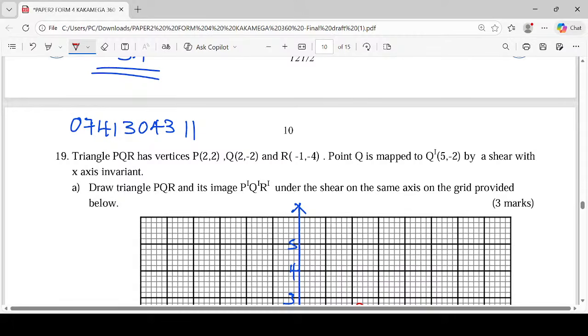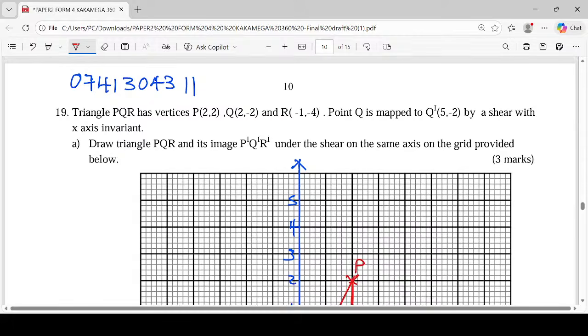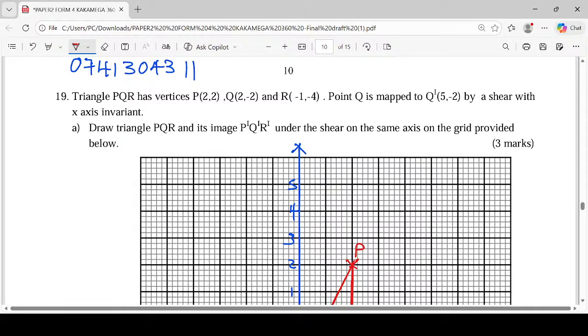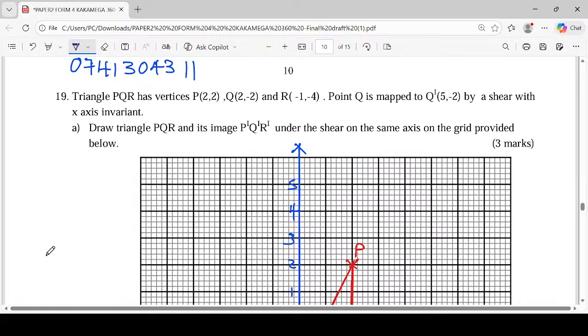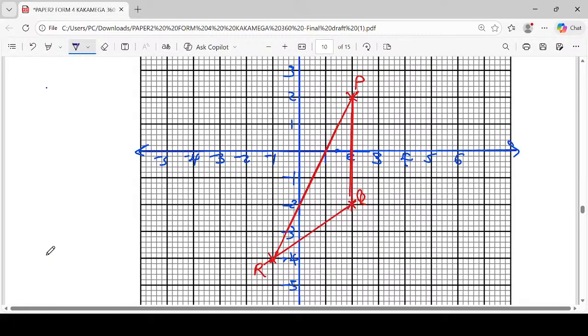Then we are being told that point Q is mapped to Q prime, which is 5, -2. Let's locate Q prime. Q prime is 5, -2. This is Q prime.